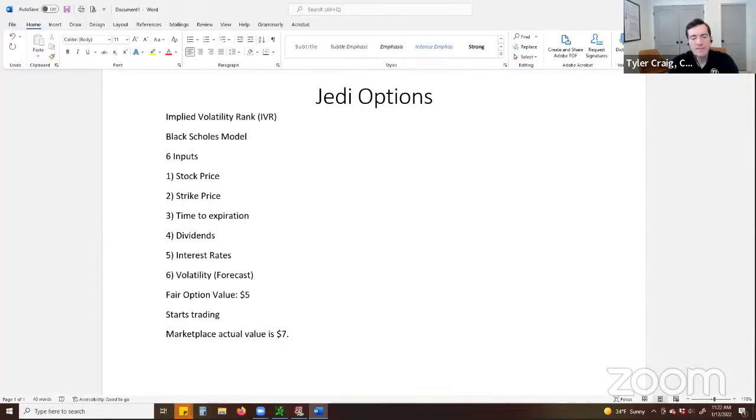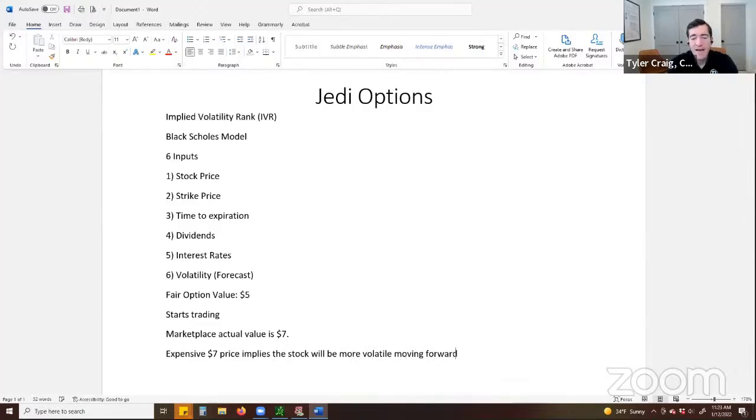The only way that's a fair price, paying $7 for an option that initially really was $5 as a fair value, is if the stock's going to be more volatile than originally anticipated. So that expensive $7 price implies the stock will be more volatile moving forward.